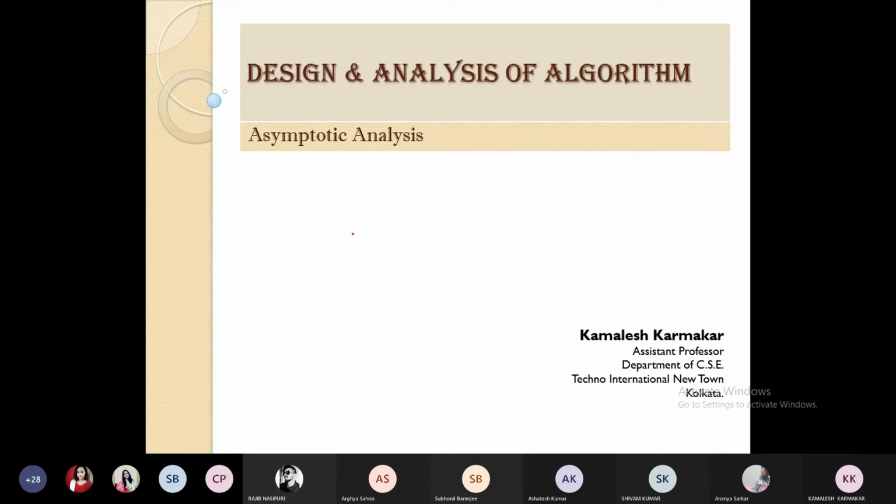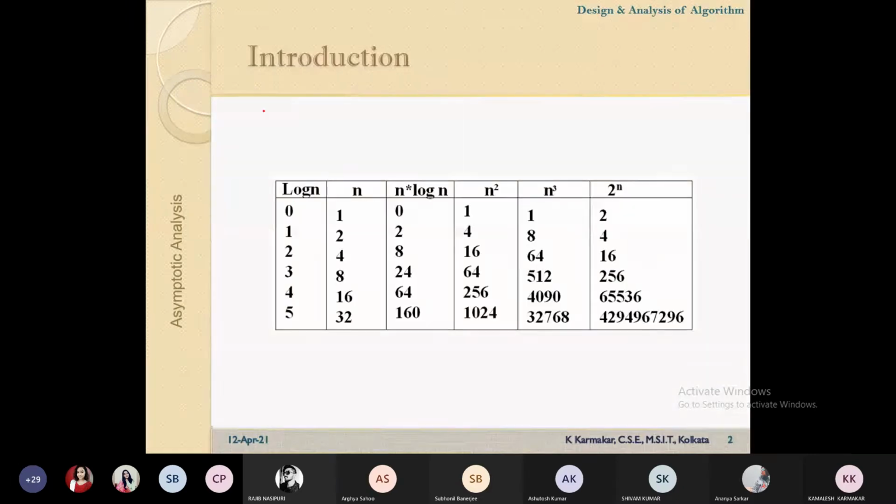Here we will start with some examples and continue from the next class. So let us start with the basic examples so that we can understand why different types of representations are needed.